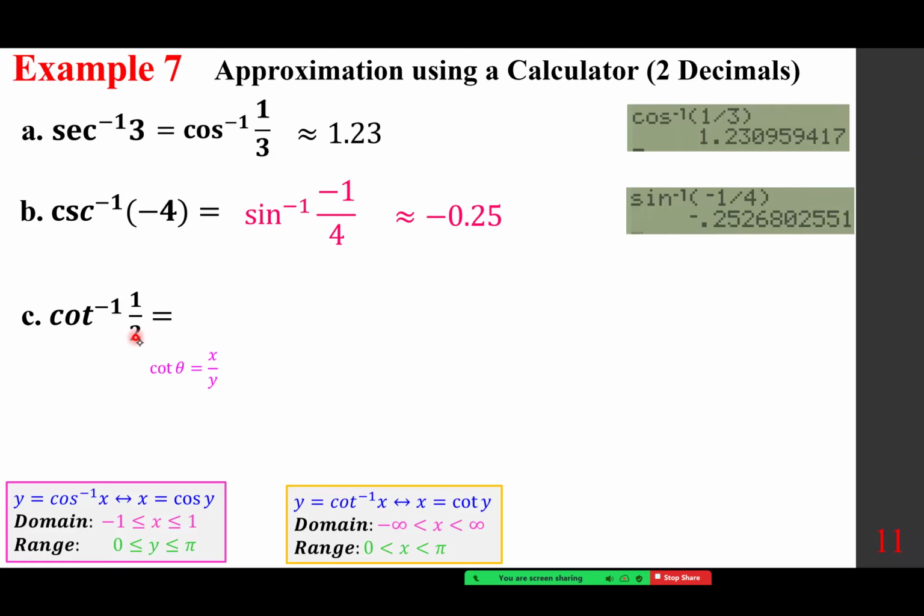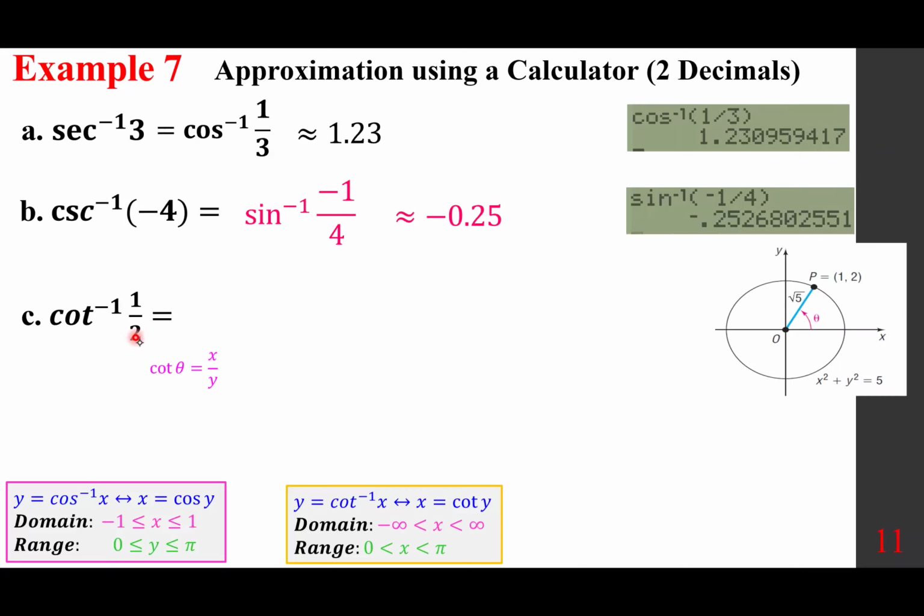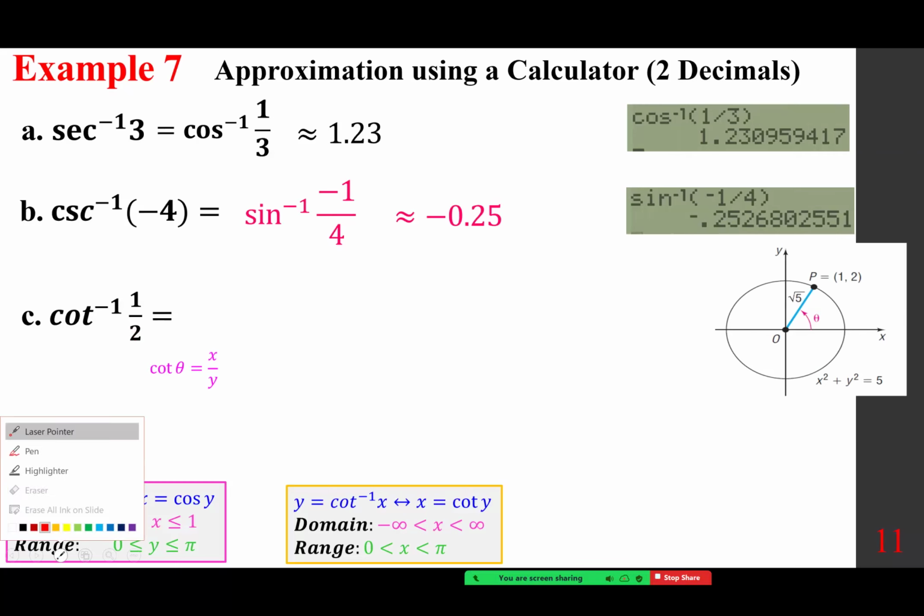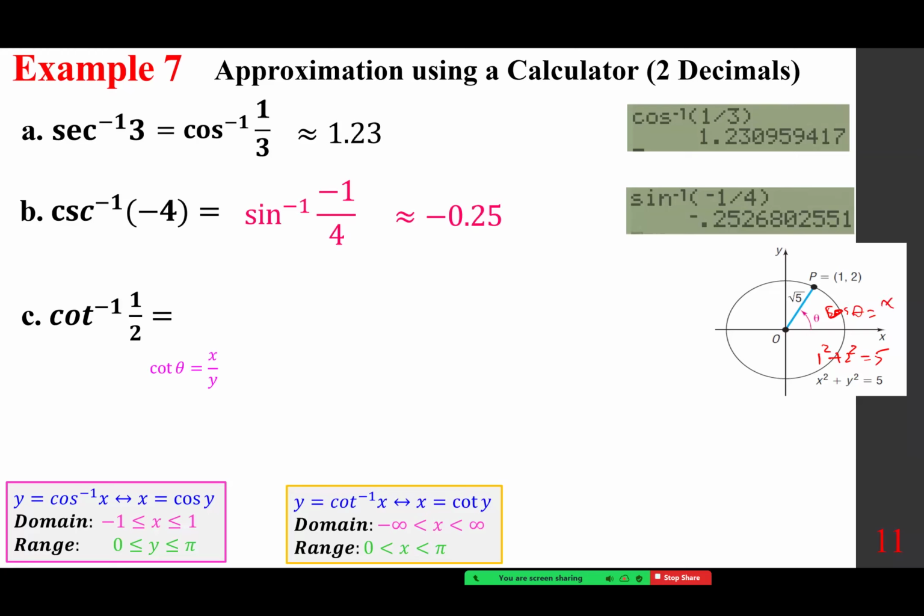And cosine is x over r. So first and foremost, 1 squared plus 2 squared equals 5. And cosine theta is x over r.